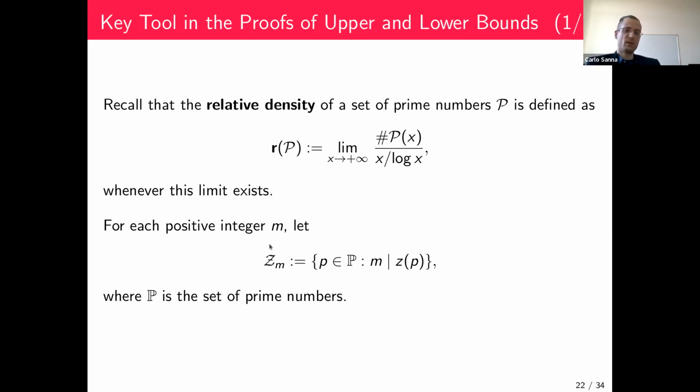Then for each positive integer m, I define Z sub m as the set of prime numbers p for which the rank of appearance of p is divisible by m. And this, of course, is a set of prime numbers.